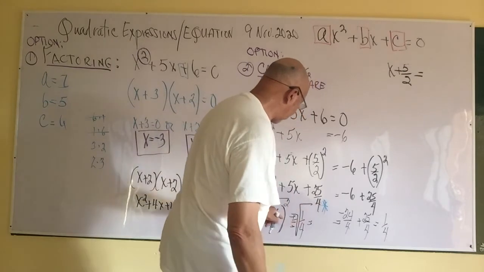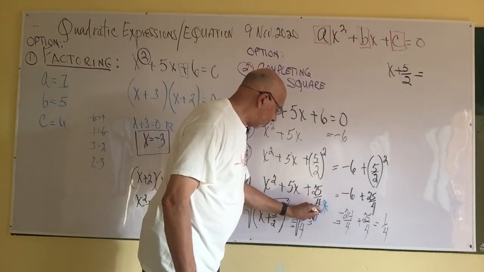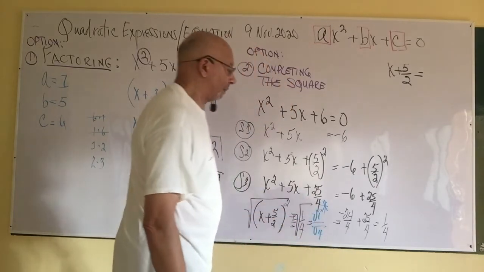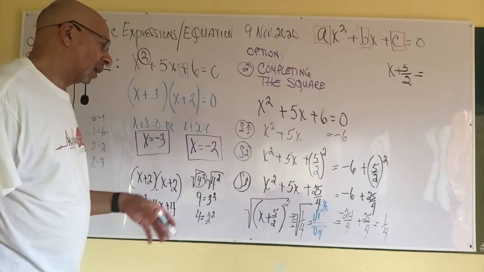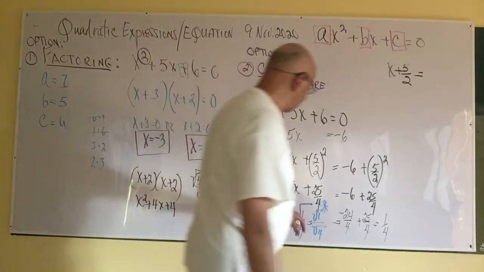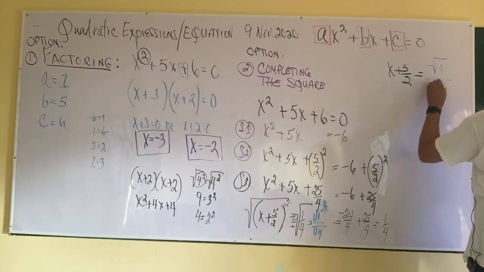Okay, this is better. So you take a square root of a fraction and you can always express it as the square root of the numerator and the square root of the denominator. So now you have 2 square roots instead of 1, and most of the time you can function better with it. So I have the square root of 1 over the square root of 4.